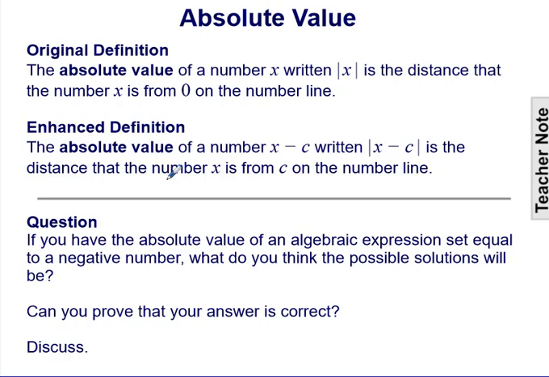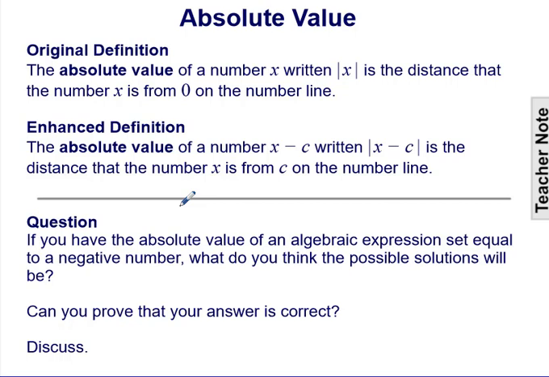You're basically moving your center where your distance is measured from. It's no longer just from your origin. This is where the absolute value is greater than or equal to 0, where d is a positive number. Well, distance is always non-negative anyway.